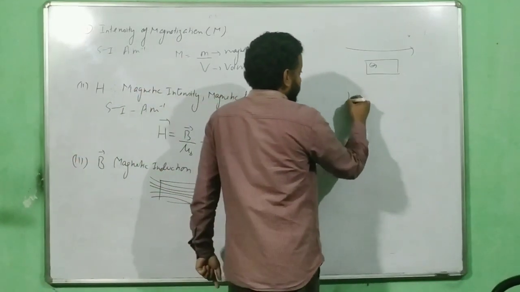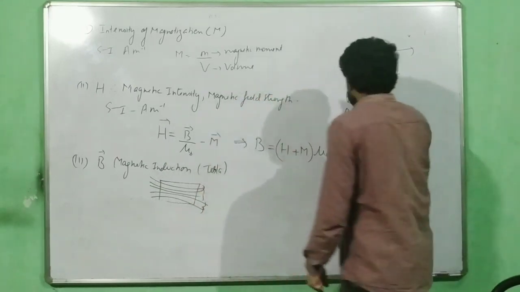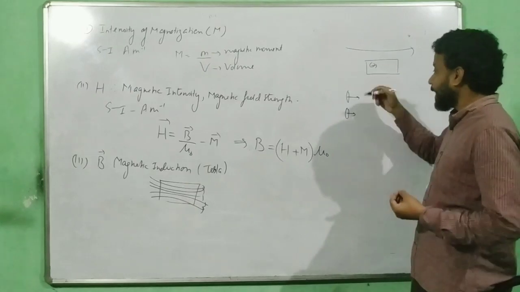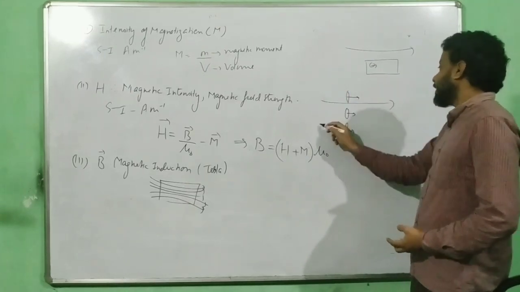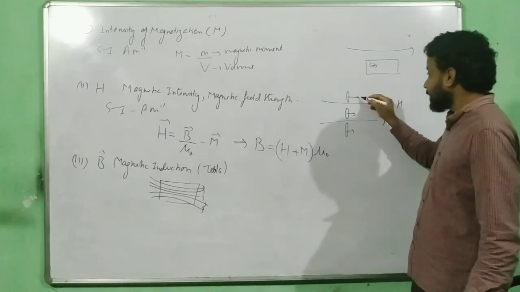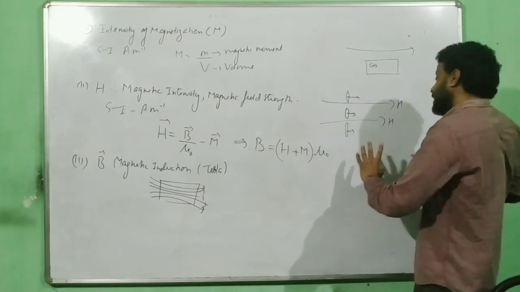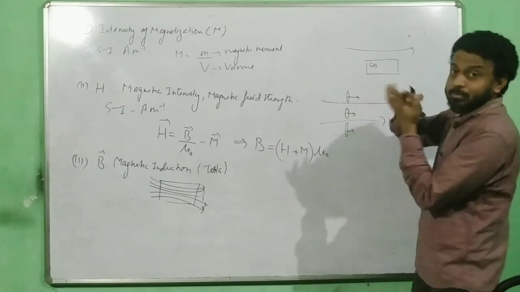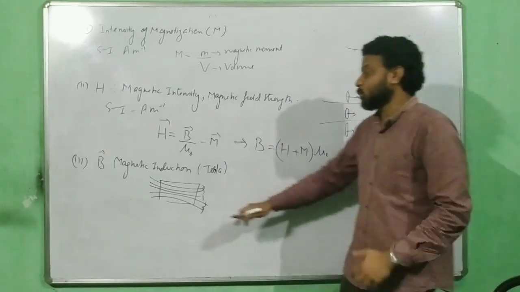Each one will try to align in the direction of the magnetic field, so each loop will create its own small magnetic field when trying to get aligned. From outside, I am already applying an H, which is trying to align the other fields. So these small fields along with the external field will add up and give a total field, and that total field is what we call B. And that is what is shown over here.